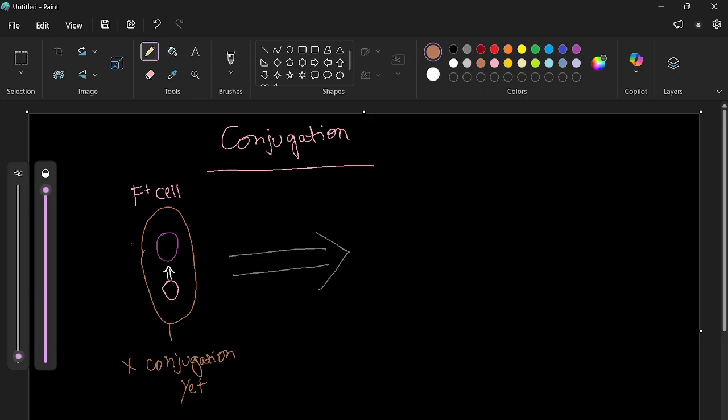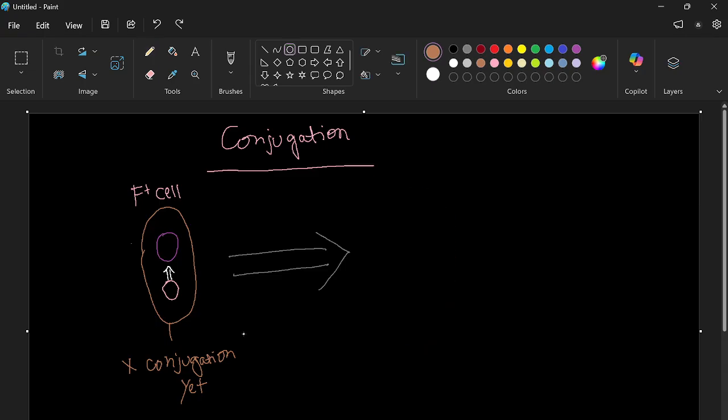Okay, so this is the same. I'm sorry, this is a bit messy. Let me just make an oval shape, I guess. Okay, this is a bacterial cell, okay? So what did I just say?